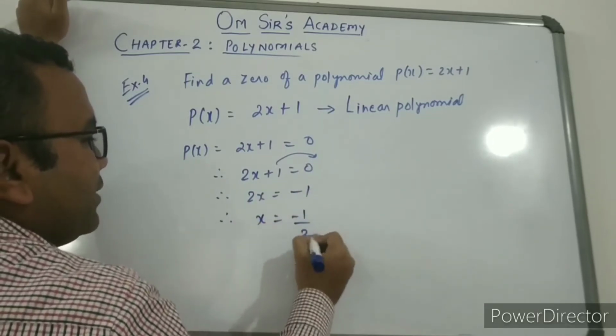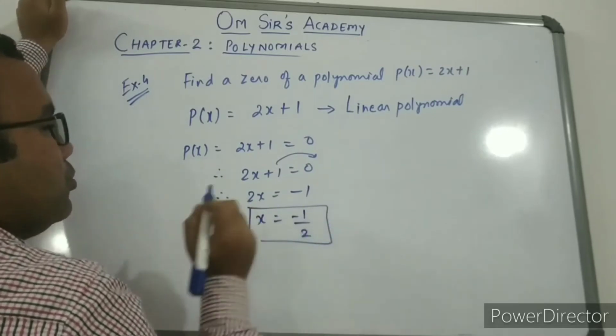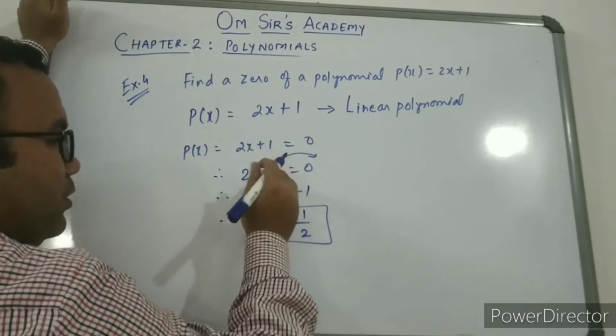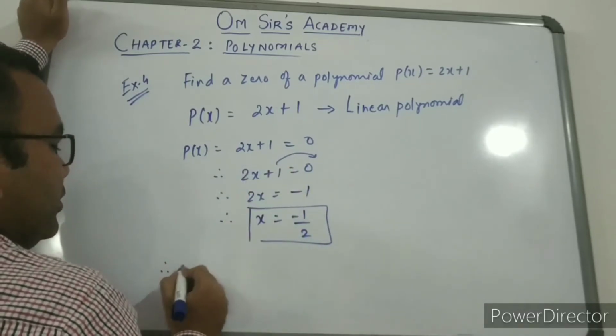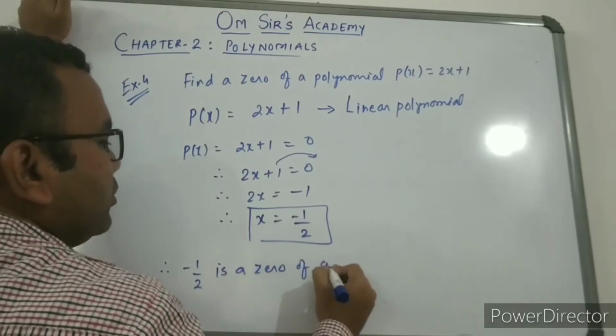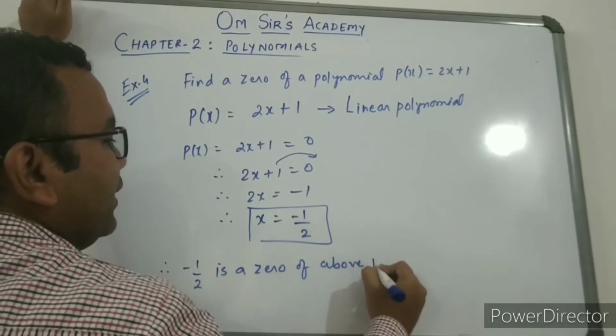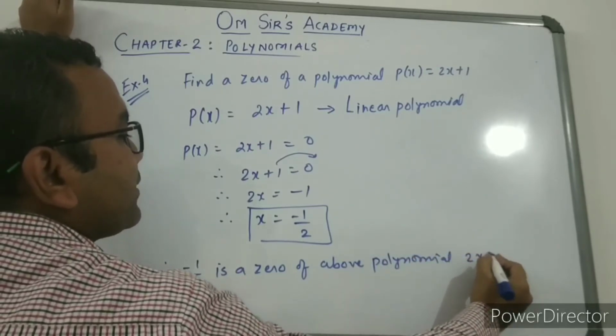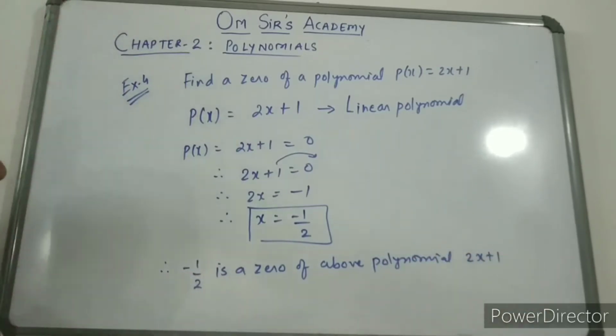So x is minus 1 upon 2. So what is the 0 of a polynomial? The value of x which I got is the 0 of the polynomial. Therefore minus 1 upon 2 is a 0 of the above linear polynomial 2x plus 1. Is it clear?